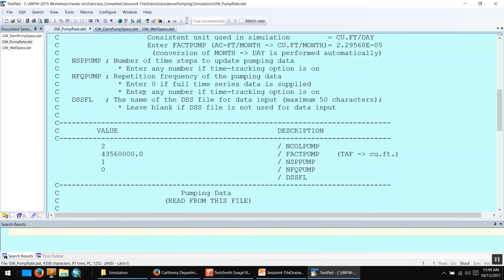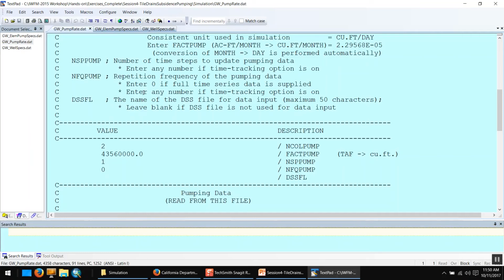But if you're entering it in a way that it's constant, like I just showed, 2,500 per year, then it doesn't have any way to figure out if it is monthly or daily pumping. Then you have to make sure that all that conversion is in that factor up there. Make sense? No, the last part doesn't make sense.